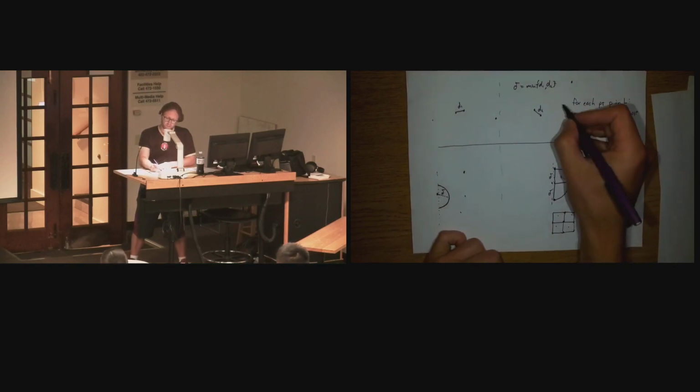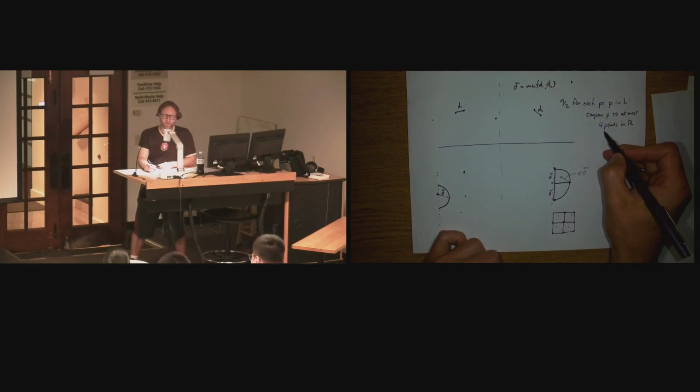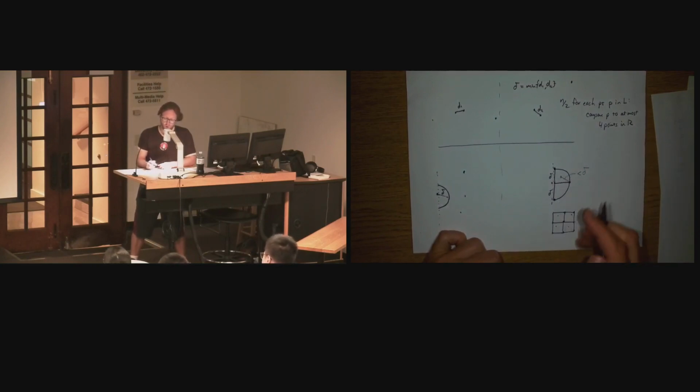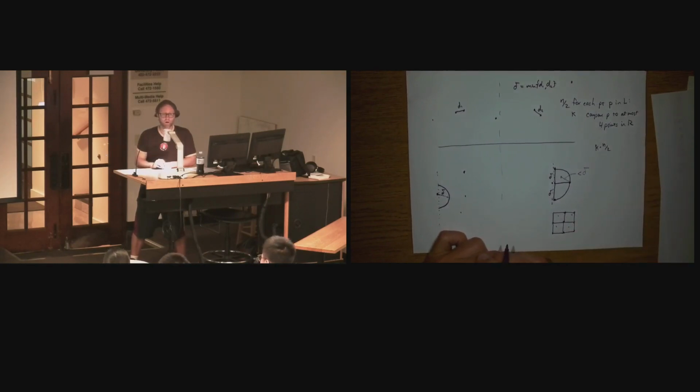How many points are there in P? N divided by 2. But you're only comparing it to a constant number. Now, if your constant number is 4, 5, 6, 7, 8, it doesn't matter. Who cares, right? It's constant. I'll call it K. So we've got that there are going to be K times N divided by 2 comparisons.